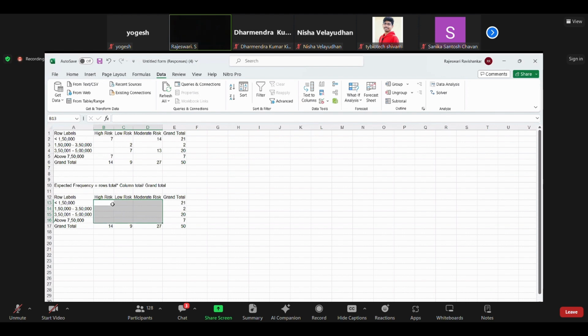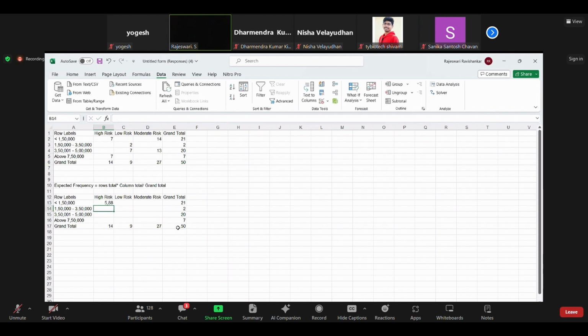So how will I do it? My row total is 21 into my column total, which is 14, divided by my grand total.